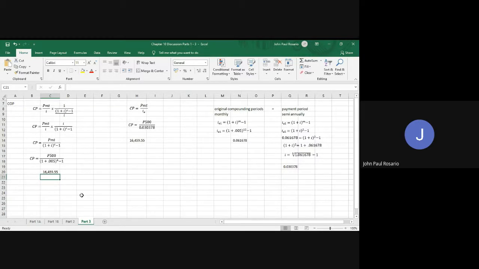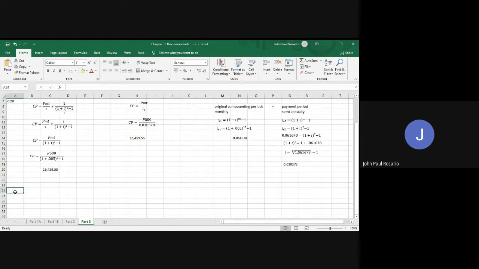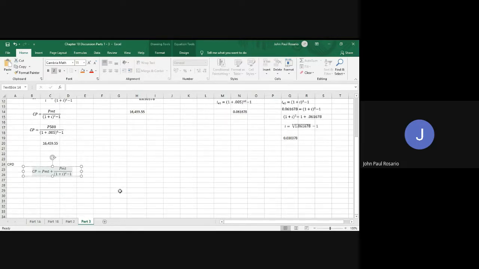Now, what if it is a complex perpetuity due? For that, we simply use this formula, and we add the first payment to that. Or we can simplify this into a common payment.